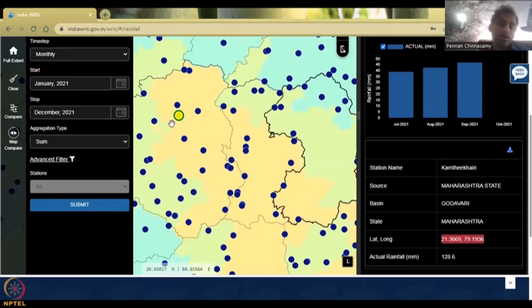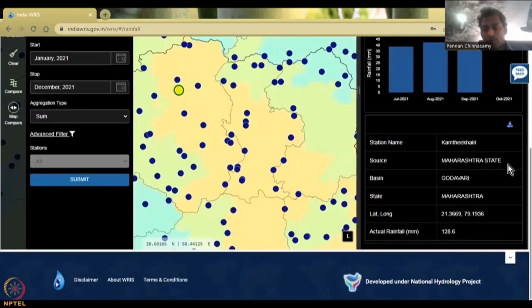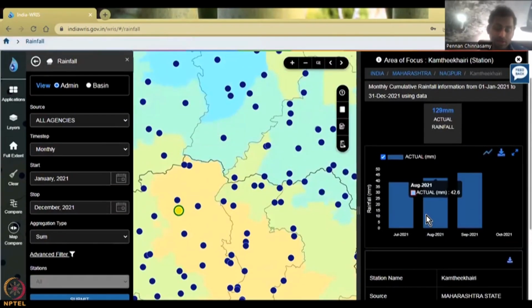And that is what is happening here. We have selected that point and we have the lat long, which gives you the exact location. And the actual rainfall, which is the total rainfall in that period, is given as 128.6, and the deviation is given here. And then there's a small report, if needed, generated by these websites to support the data.